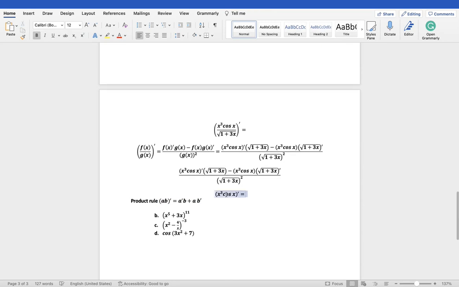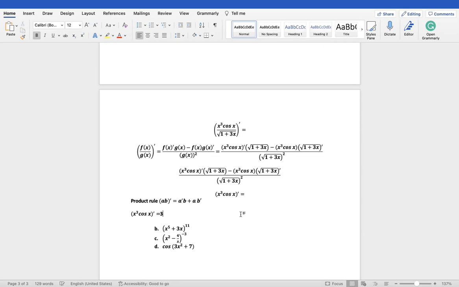So if you apply it to our case here, what's the derivative of x cubed? Because our a here is x cubed. So what's the derivative of x cubed, guys? 3x squared. Thank you.